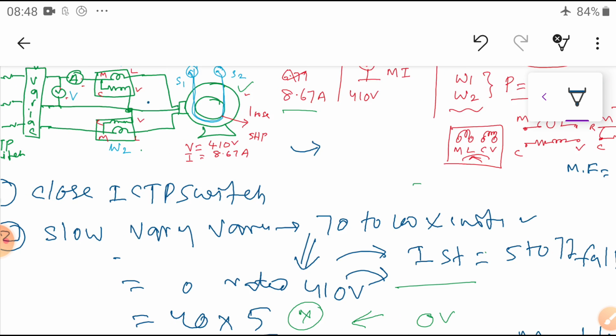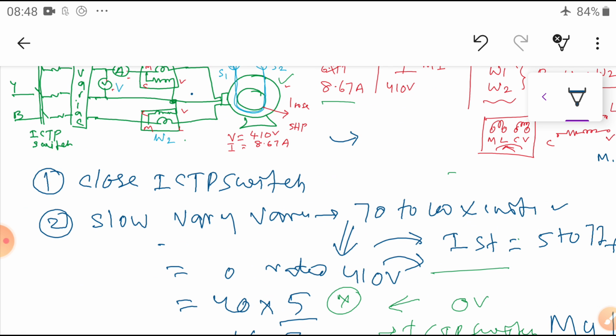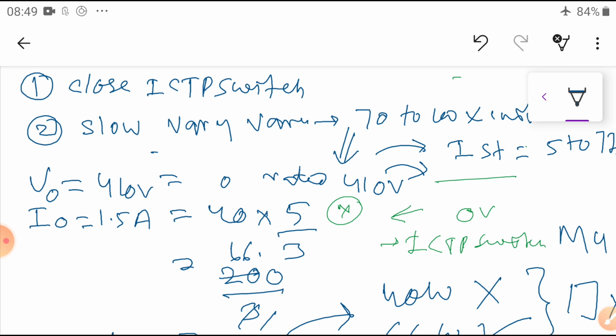At that condition, you take the voltmeter reading V0, for example 410 volts. What is the ammeter reading? You take the ammeter reading, for example 1.5 amperes. Then what is W1?